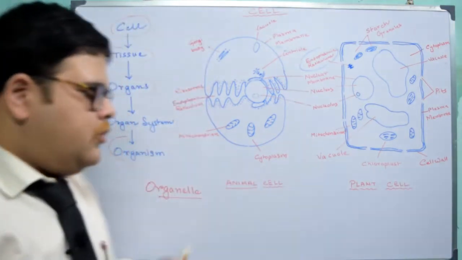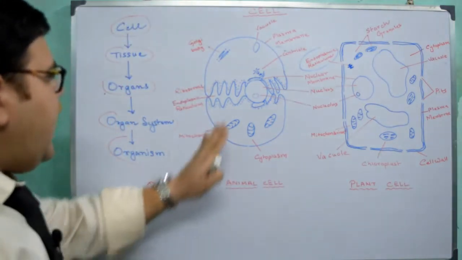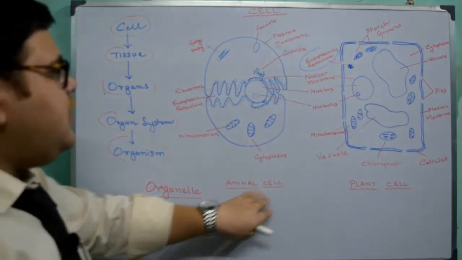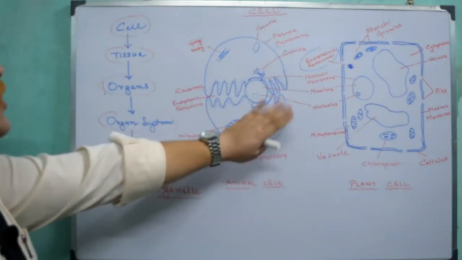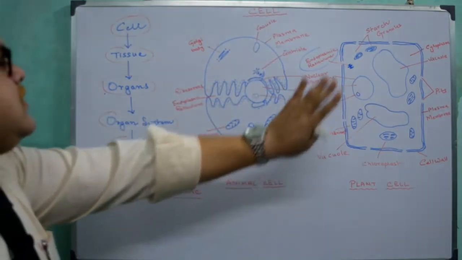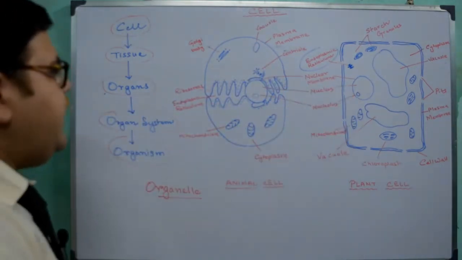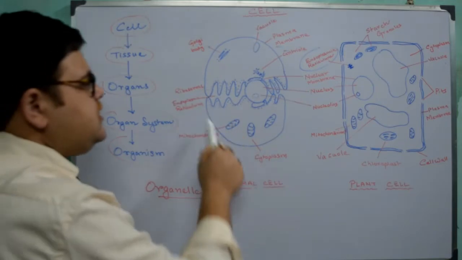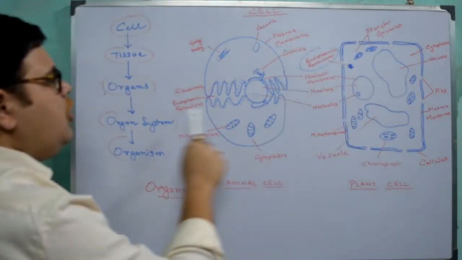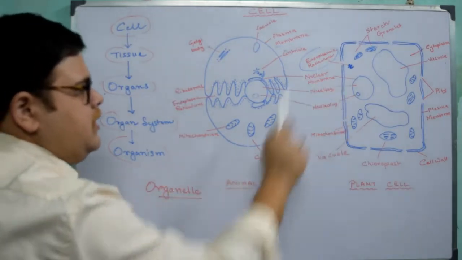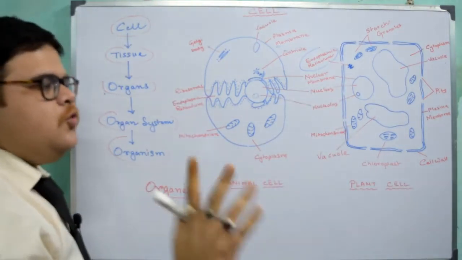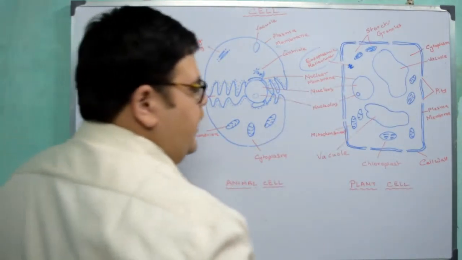Clear? Now I have drawn here one animal cell and one plant cell. Just look into it. What do you understand by this animal cell and plant cell? You will find that though the structure is a little different, the organelles are all the same except for two or three things.